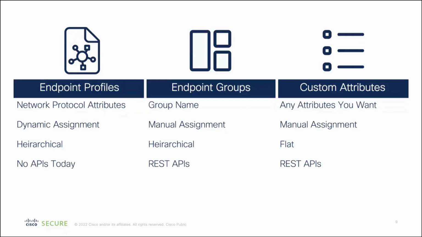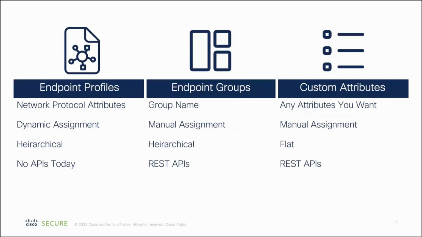And the idea here is that it's very flexible in that you can create any kind of attribute you want. It's not dynamically populated by network protocols, and it's not only a single endpoint group name. You can create anything you want. It can be department names. It can be cost centers.